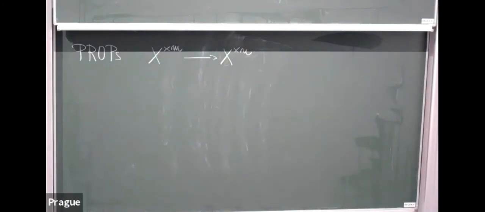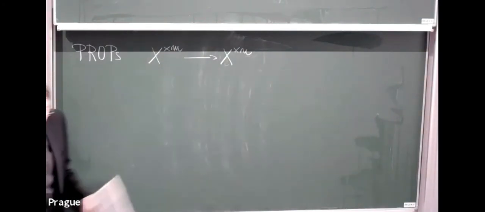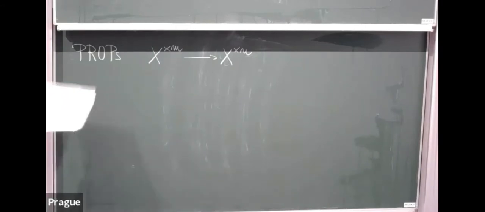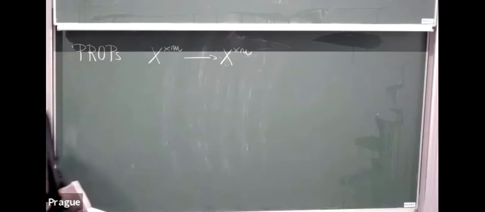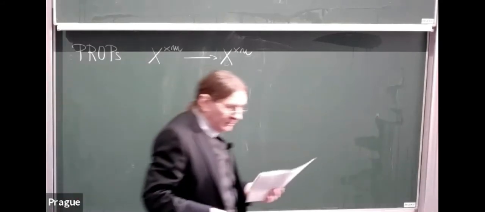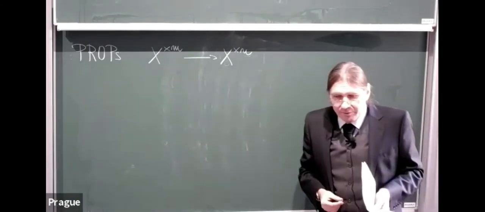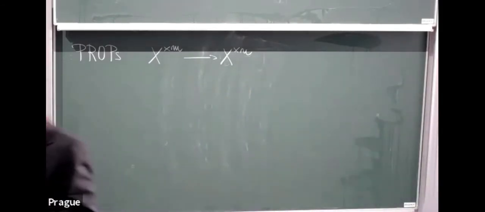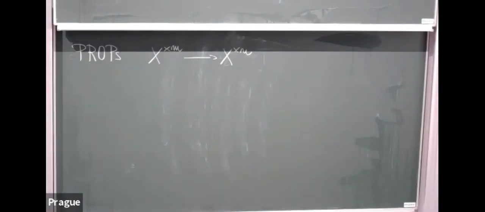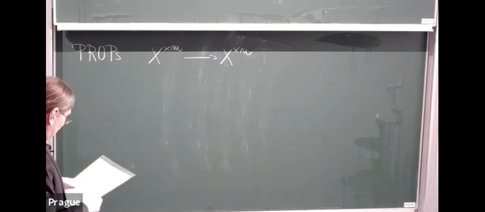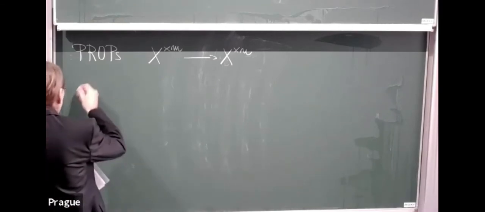You see that, for instance, if I'm in the category of topological spaces or in any Cartesian category, all these maps are given by projections. Therefore, I will not get anything new in this setup, which is the case of the Boardman-Vogt approach, which actually is equivalent to using operads precisely because they are working in a Cartesian category. Therefore, speaking about props meaningfully means to be in, let's say, the category of vector spaces or chain complexes or something like this. But anyway, so what is a prop?